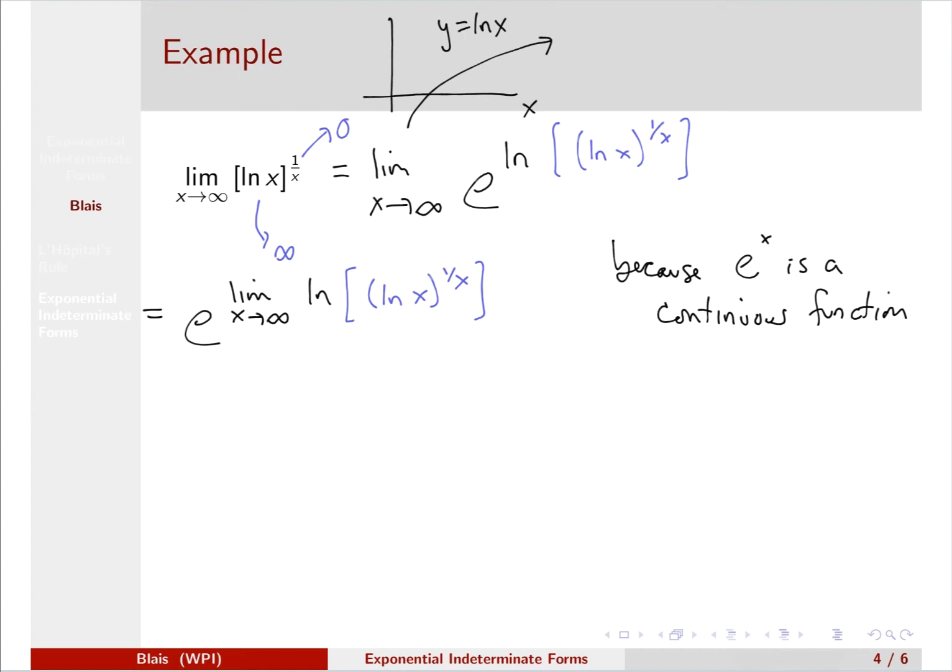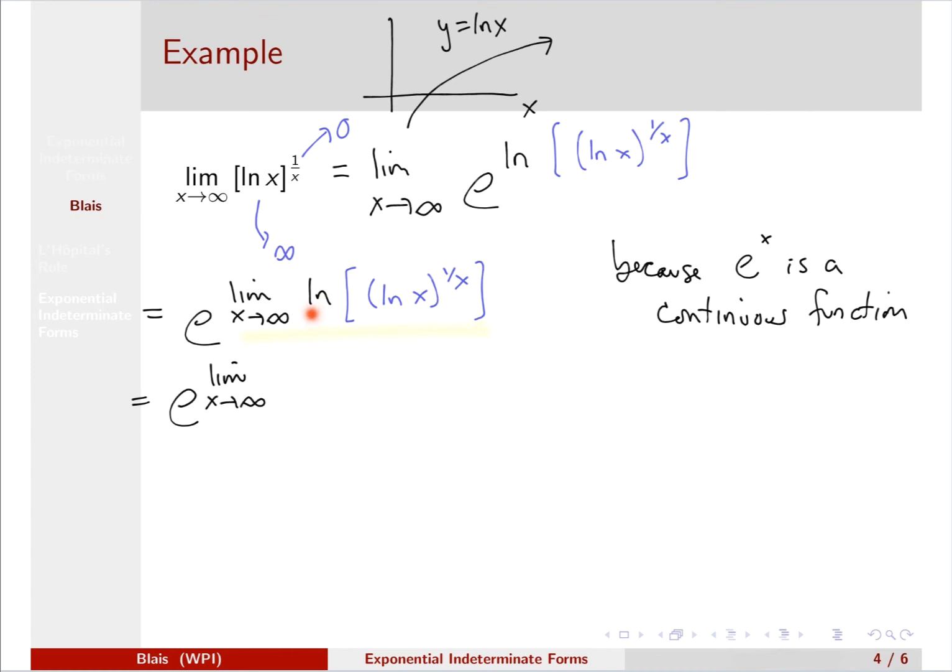But this now allows us to concentrate on this limit here in the exponent. So this is then equal to e raised to the limit as x goes to infinity. We can use the property of natural log.